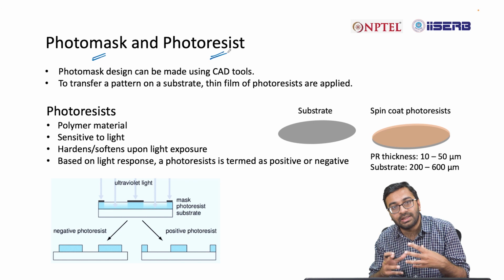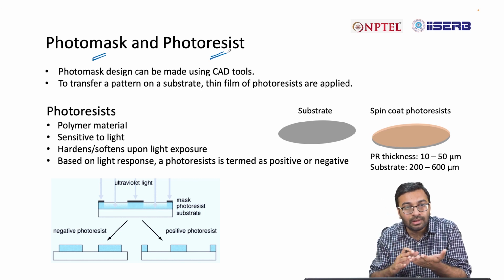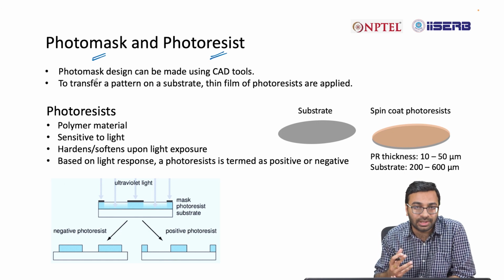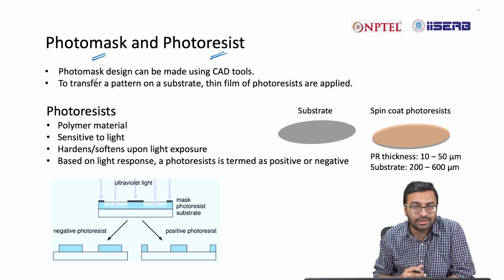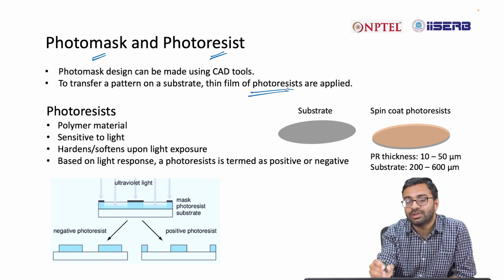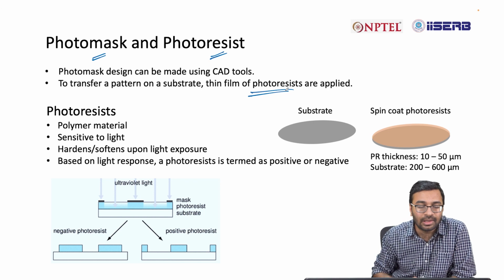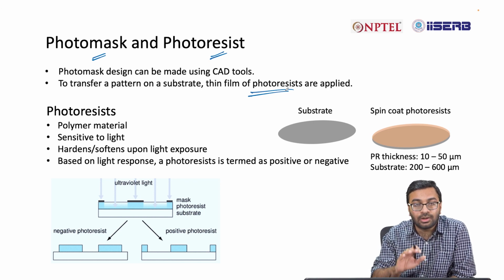So, you make a design of your choice in the CAD program and then you can make the photomask on, say, a polyimide substrate, a glass substrate, or a chrome substrate using, say, laser cutting or other techniques. And to transfer the pattern onto a substrate, a thin film of photoresist is needed. That is, a thin film of polymer is needed, which I already discussed in the previous slide, right. So, these are the two things.